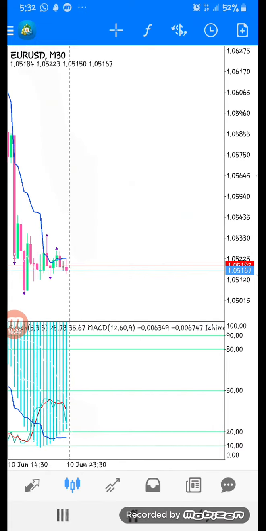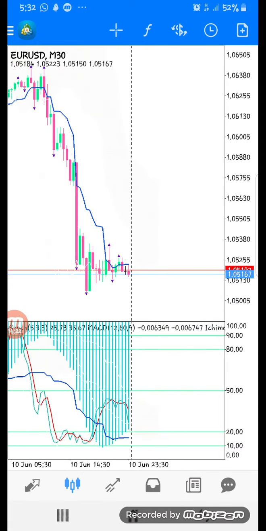Like now, you see, this is Euro USD. The Ichimoku here is at oversold level, and there is no strong breakout here yet, so we cannot enter any trade now until you see a strong bullish breakout candle in this main chart, when the Ichimoku is at oversold area in the indicator window.